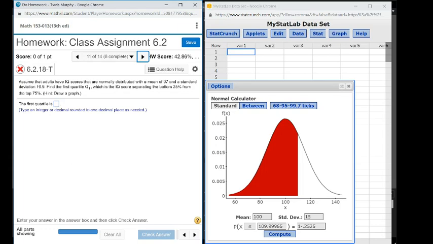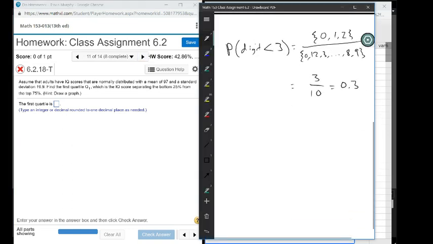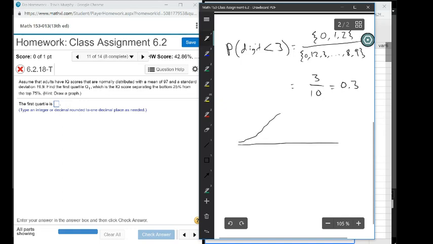Okay, assume that adults have IQ scores normally distributed with a mean of 97, standard deviation of 19.9. Find the first quartile, Q1. That is the score separating the bottom 25% from the top 75%. Okay, so graphically, the first quartile would be something like this.